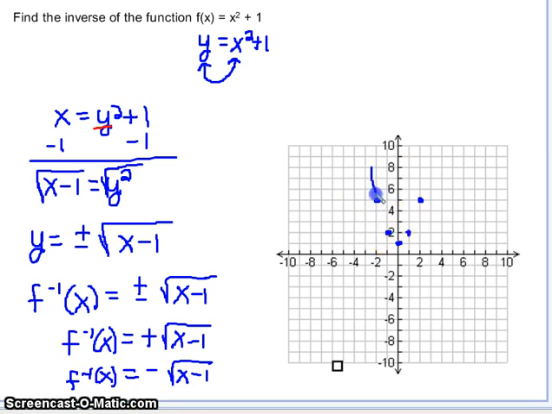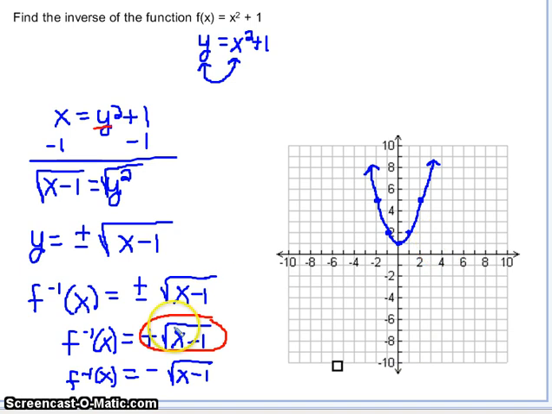So this is my parabola that we'd be graphing. If you remember correctly, if there's a plus 1 and it's not in parentheses being squared, this is a vertical shift of 1.